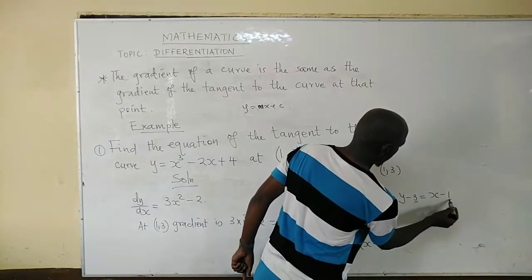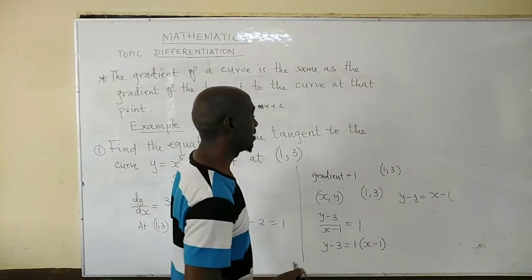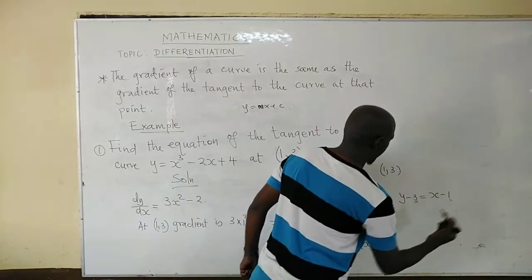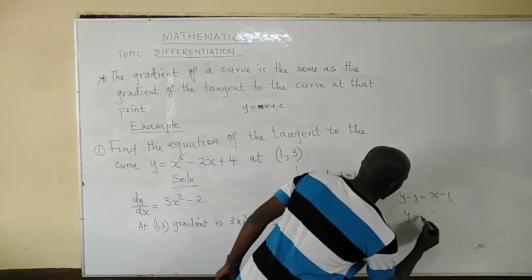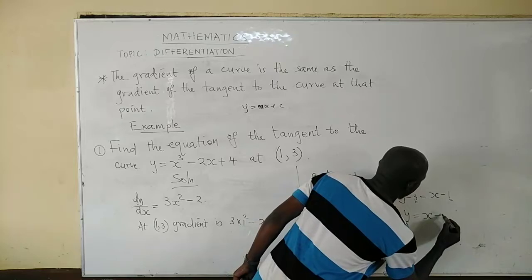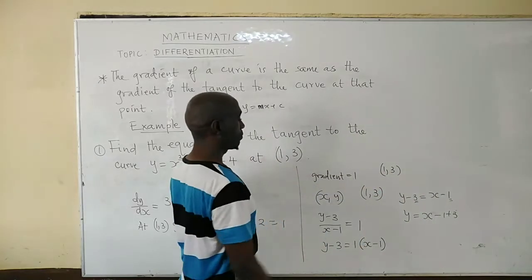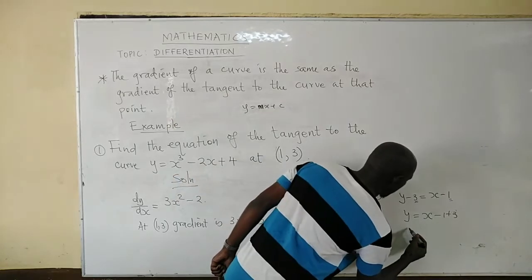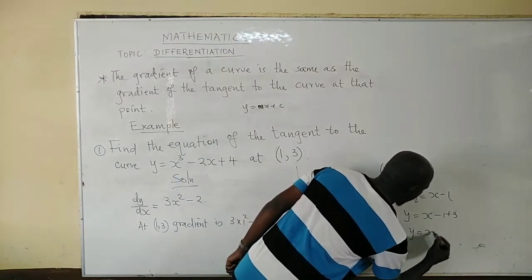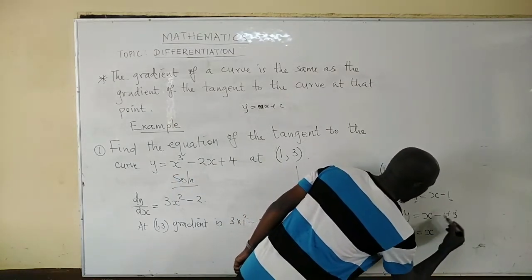So these are like terms. You add 3 on both sides, we shall have y equals x minus 1 plus 3, which gives you y equals x minus 1 plus 3.